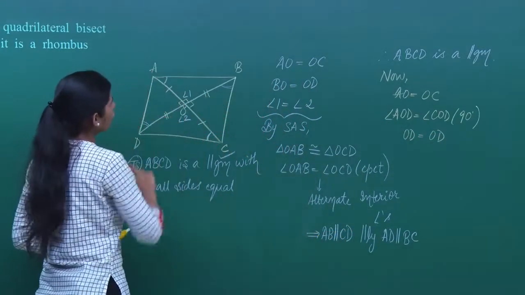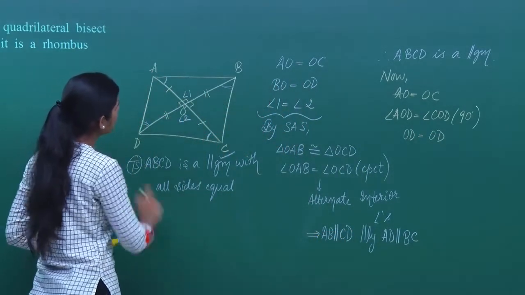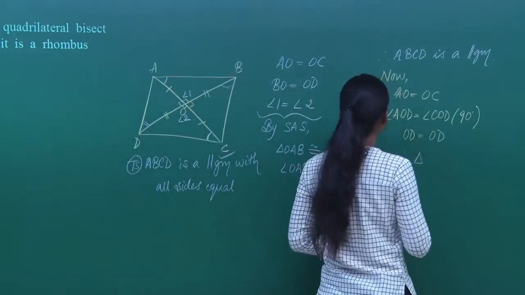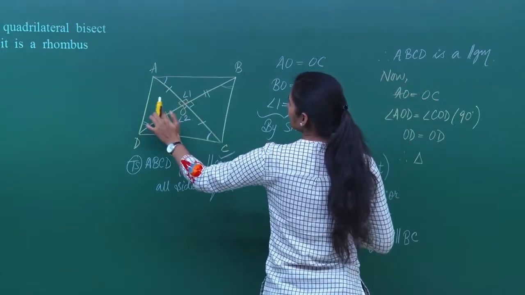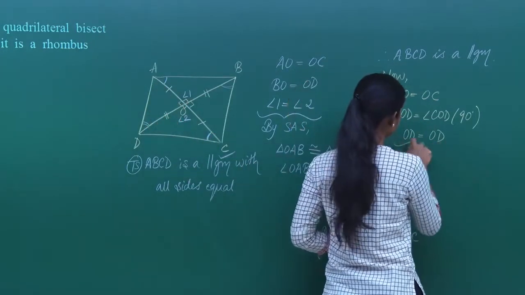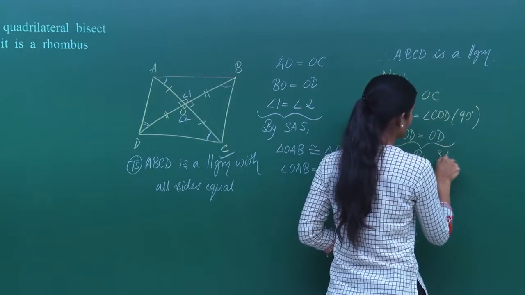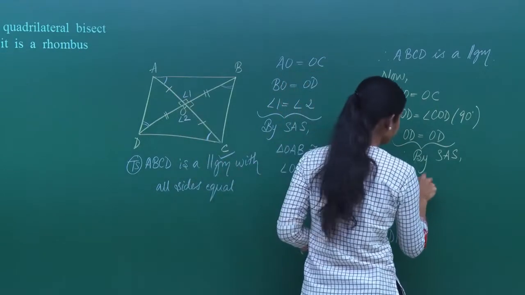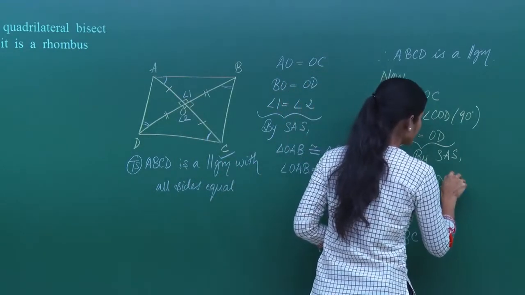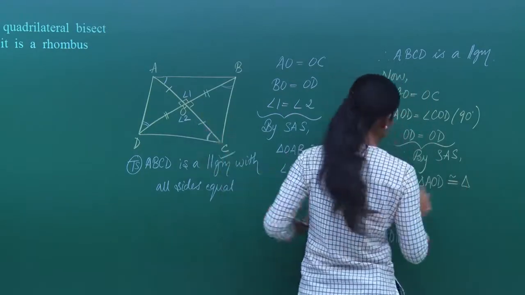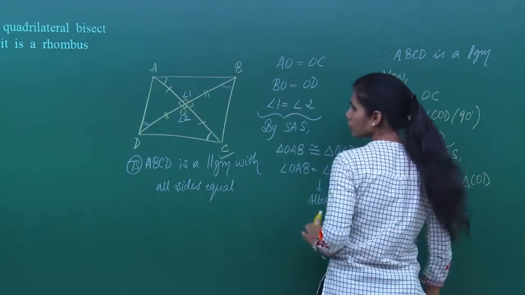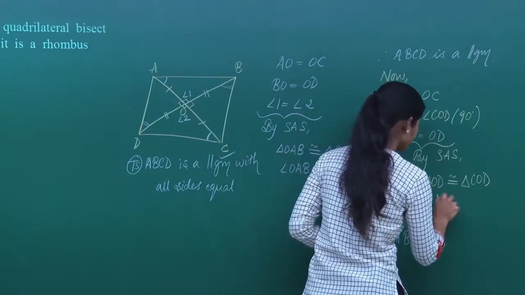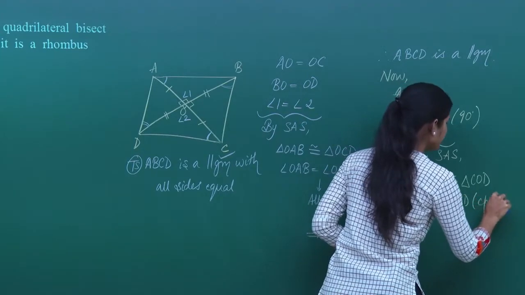So obviously I have O corresponding to O, D corresponding to D, and C corresponding to A. So by the side angle side congruence rule, by the SAS congruence rule, I have triangle AOD congruent to triangle COD, and this is going to give me AD is the same as CD because of CPCT.